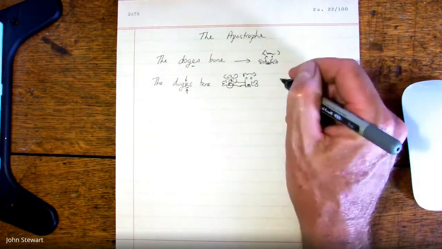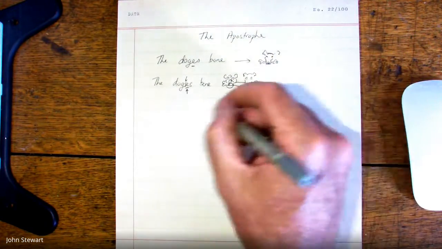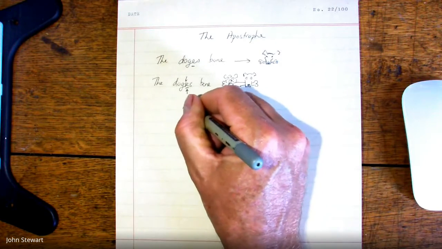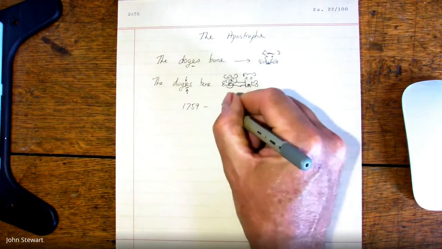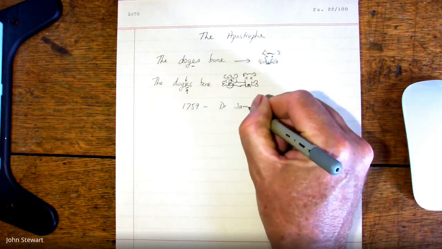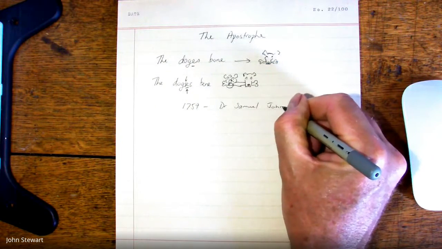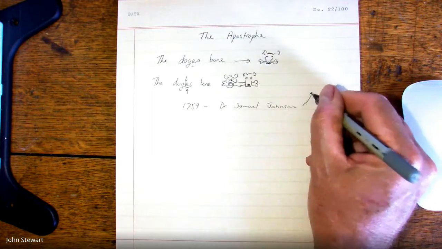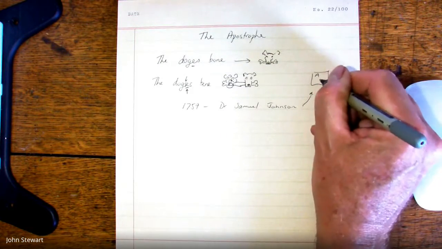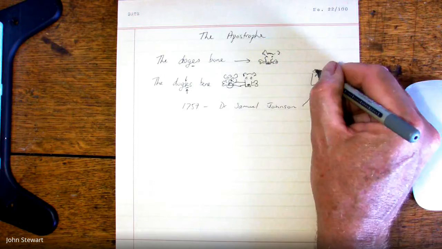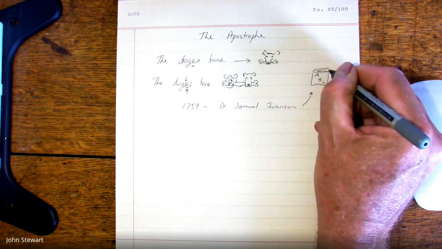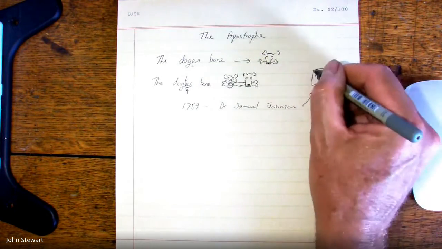Now when spelling started to become more important, and remember that was in 1759, we had this amazing man called Dr. Samuel Johnson who created the English dictionary. And so the English dictionary was his attempt to get spelling working correctly.